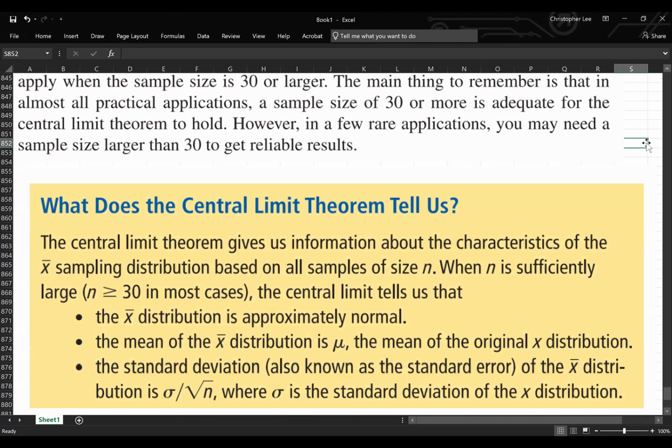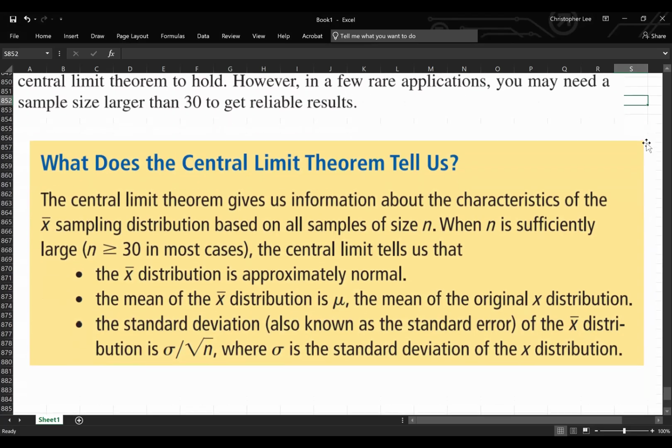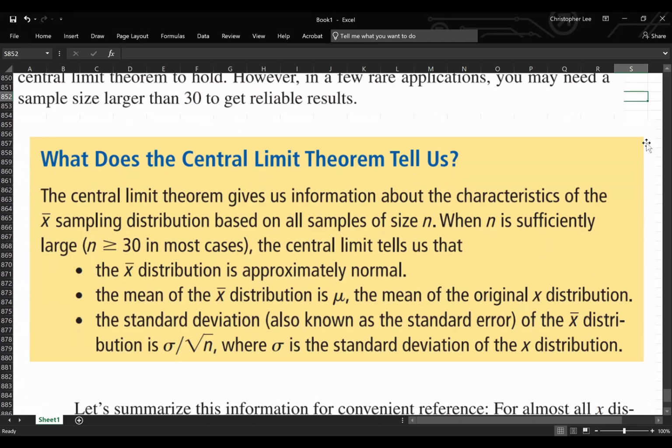So, what does the central limit theorem tell us? The central limit theorem gives us information about the characteristics of the X bar sampling distribution based on all samples of size n when n is sufficiently large, so for n greater than or equal to 30 in most cases. The central limit theorem tells us that the X bar distribution is approximately normal.